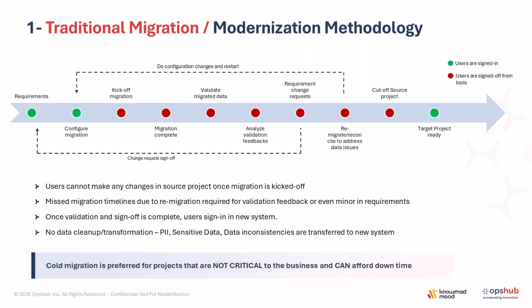So if we look at the traditional approach, what Francisco talked about, whether it's a big bang approach or a phased approach, essentially, we can do a lot of experimentations, but once we take a download from the source system and configure the migration, we are not going to be able to allow any changes to be made to the source system, because as soon as you take a download, no more changes will be uploaded to the destination system.